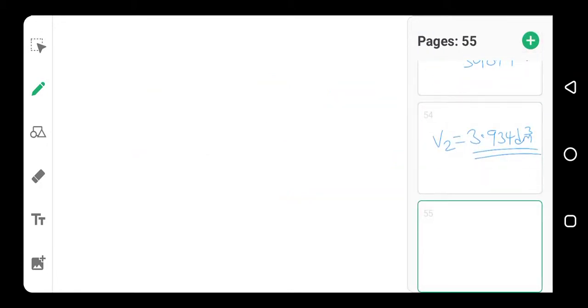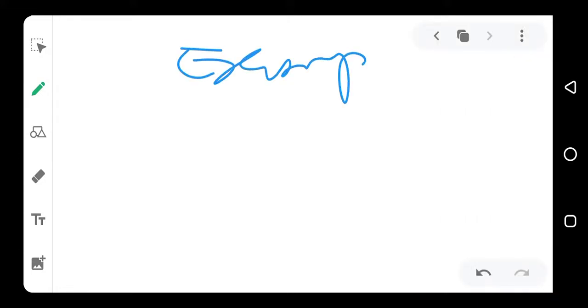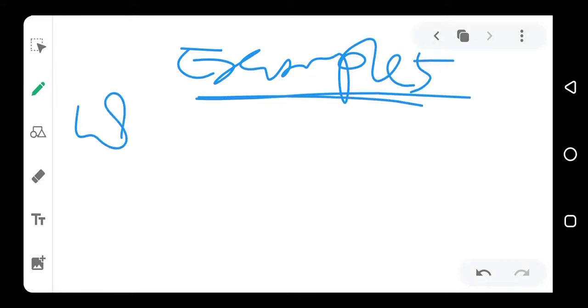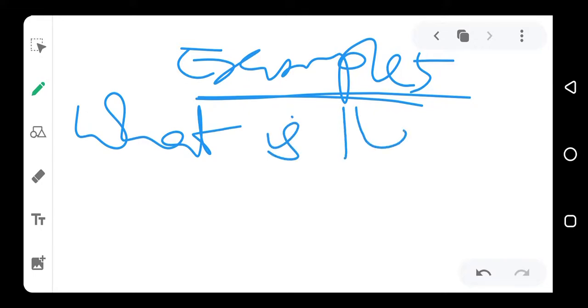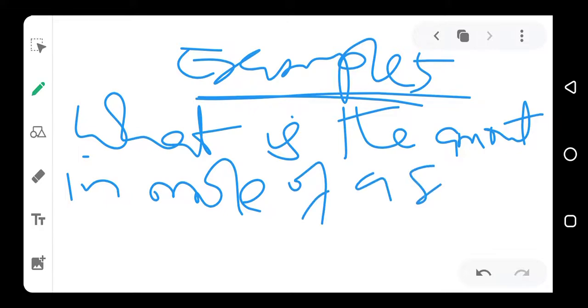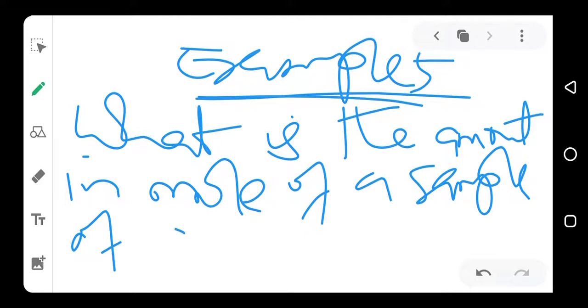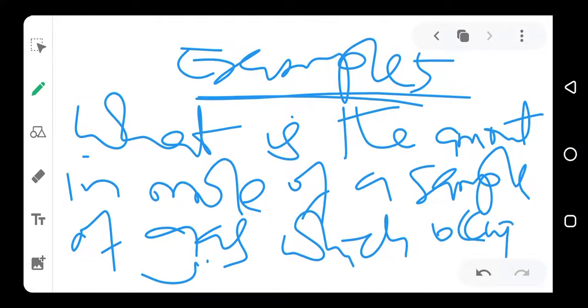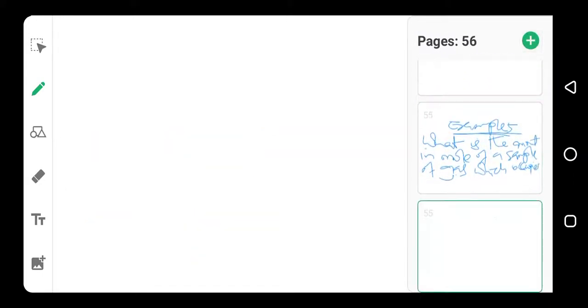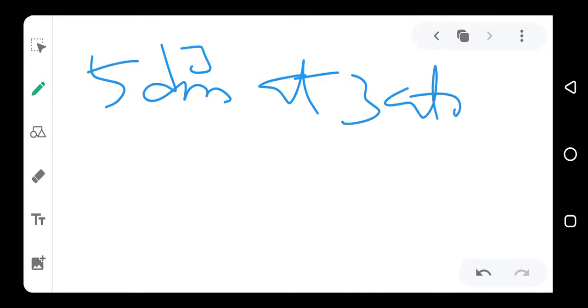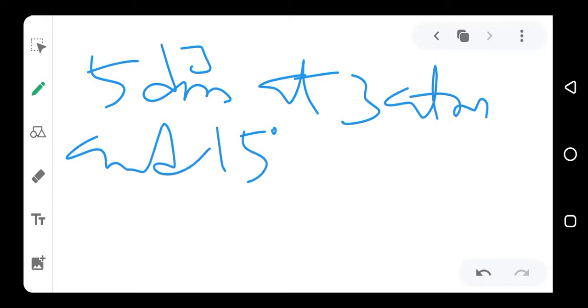Now let's try to solve ideal gas equation. Now if we have example 5: what is the amount in mole of a sample of gas which occupies 5 dm cube at 3 atm and 15 degrees Celsius.